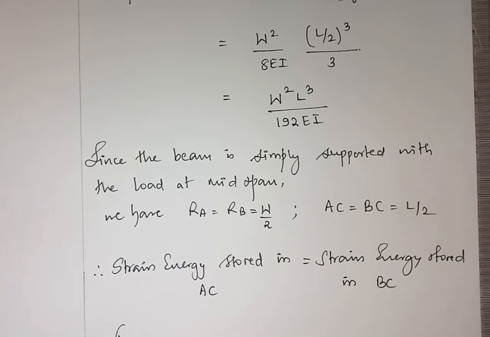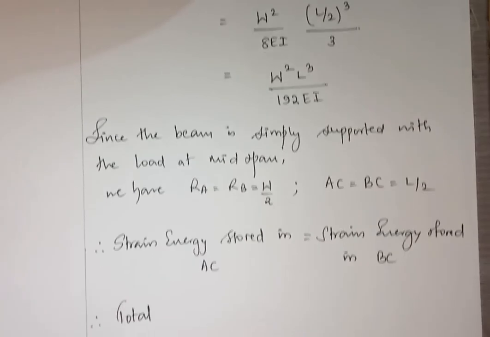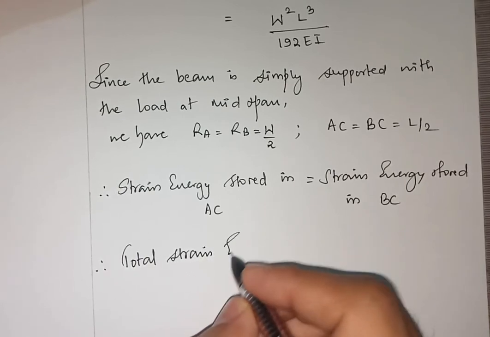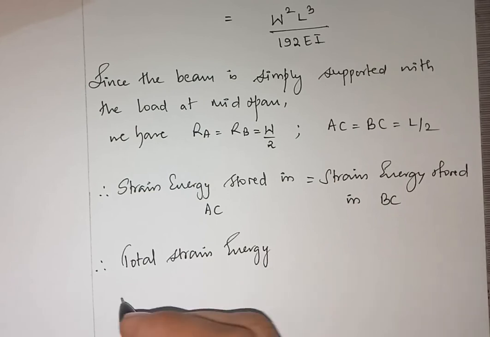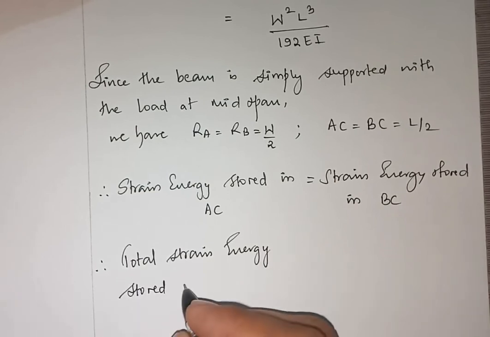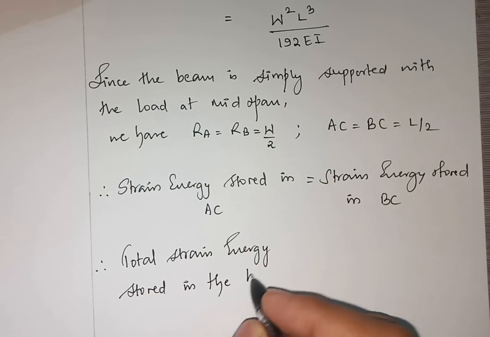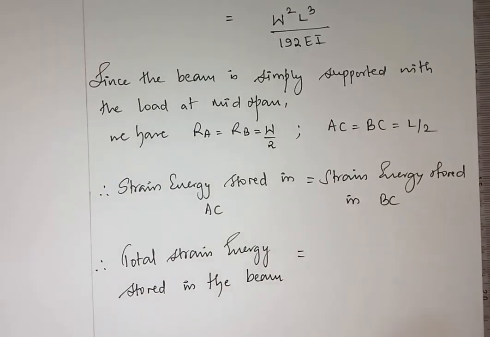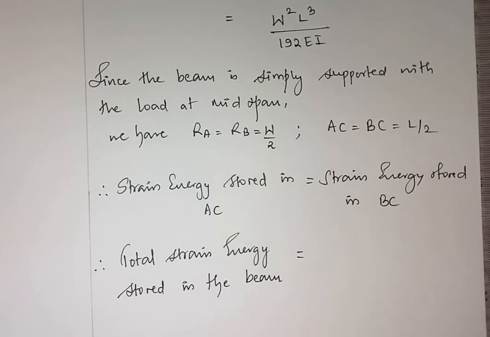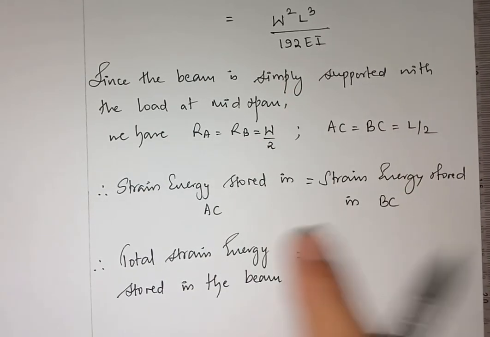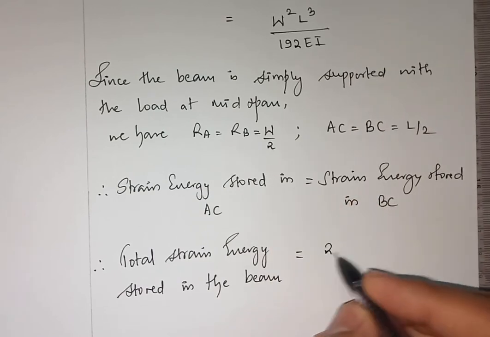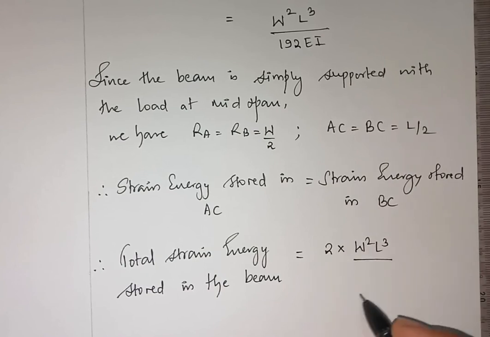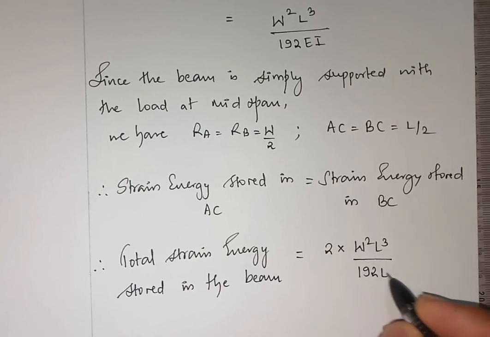Therefore, the total strain energy stored in the beam will be equal to, you just need to multiply the expression I got by 2, because both are equal. So it will be 2 into W square L cube divided by 192 EI.